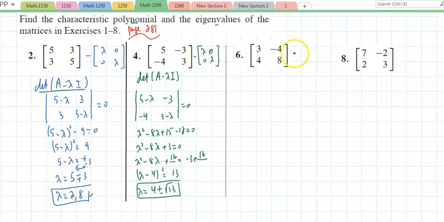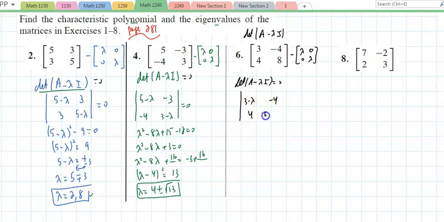And if I work number 6 out, the same thing, minus lambda I, well, that's lambda, 0, 0, lambda, right? If I want to find A minus lambda I, and then take the determinant of that. So the determinant of A minus lambda I equaling 0, that would be 3 minus lambda and negative 4, 4, 8 minus lambda equaling 0.